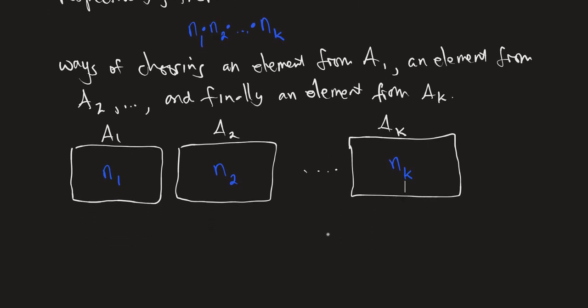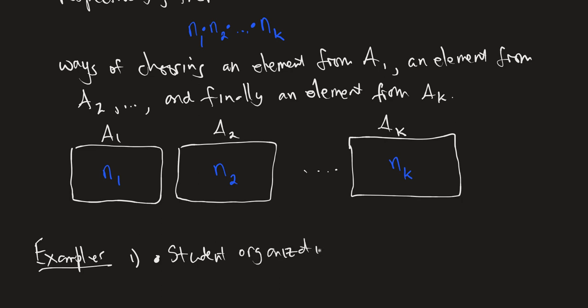Let's look at a couple examples. So let's look at number 1. What I'll do is I'll just summarize the facts. So here you have a student organization, right, with 30 members, right?